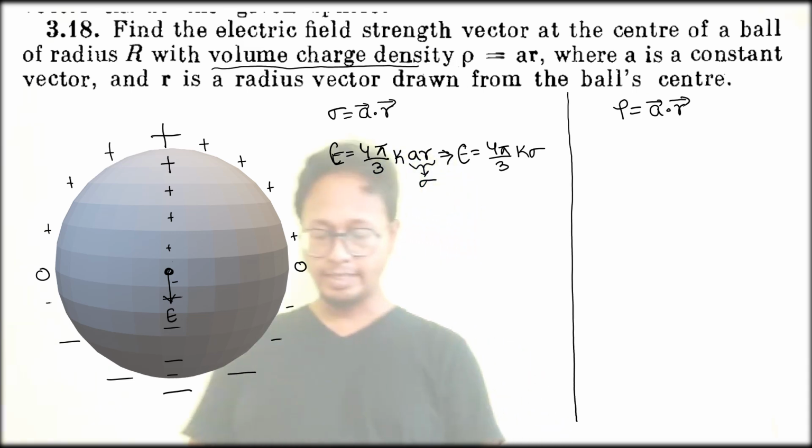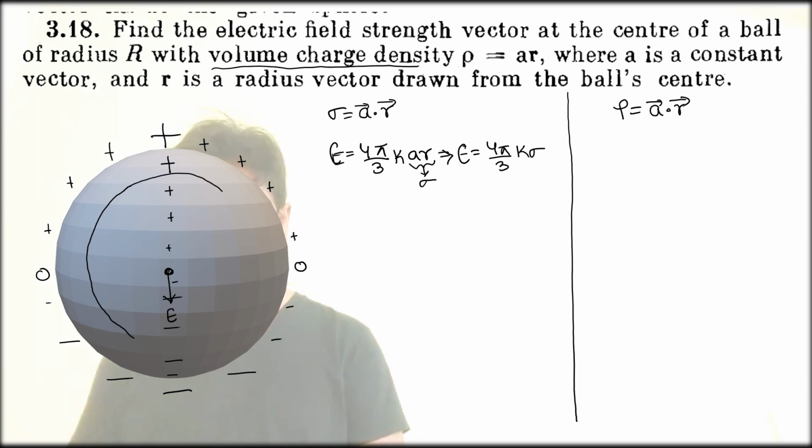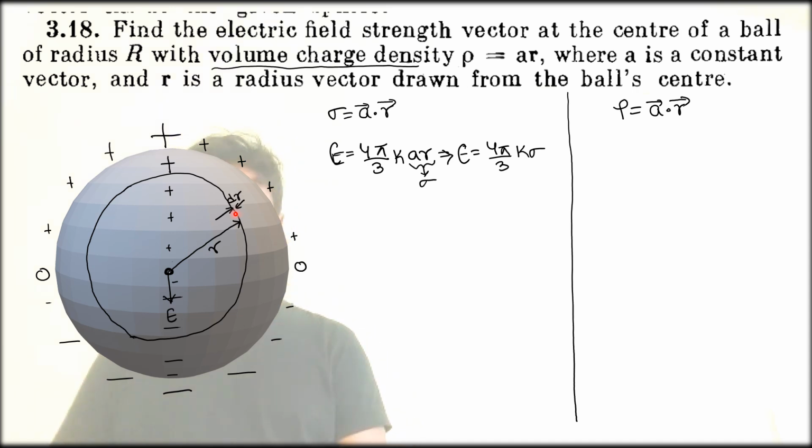See, if I take an elemental shell out here, of radius r and thickness dr, what is the electric field due to this elemental shell at the center?